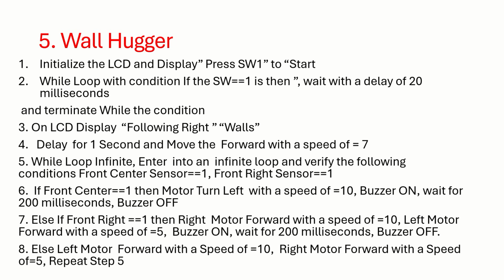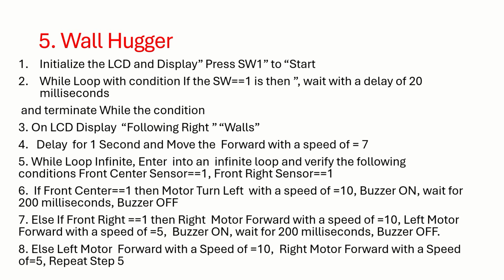Since the front center sensor is detected, we would like to turn the vehicle to the left side with a speed of 10, with the buzzer on for 200 milliseconds and then off. Else, if the front right sensor is detected, move the right motor forward with a speed of 10 and the left motor forward with a speed of 5. We are turning, and the buzzer should be on for 200 milliseconds and off after that.